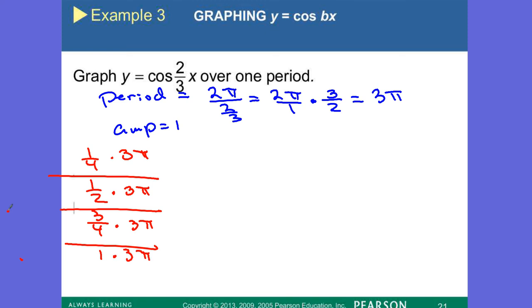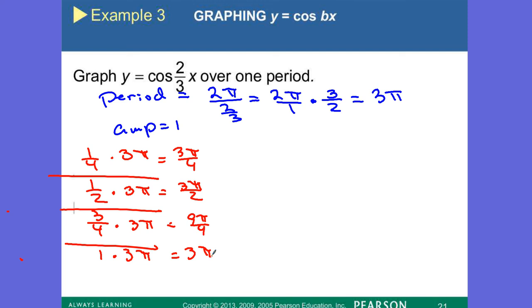Never mind. Period is 3 pi. Okay, so 3 pi over 4, then 3 pi over 2, we get 9 pi over 4. And my last one is?